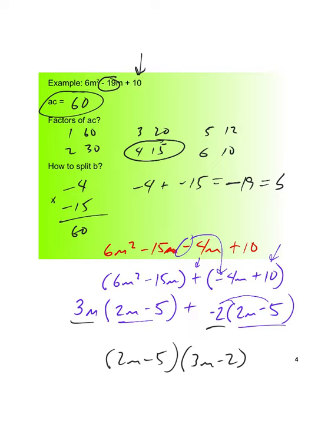And again, if I FOILed that, my middle terms would be a -4 and a -15, which ends up being -19. And my last terms here, -5 times -2, is a +10. So again, we have done that correctly.